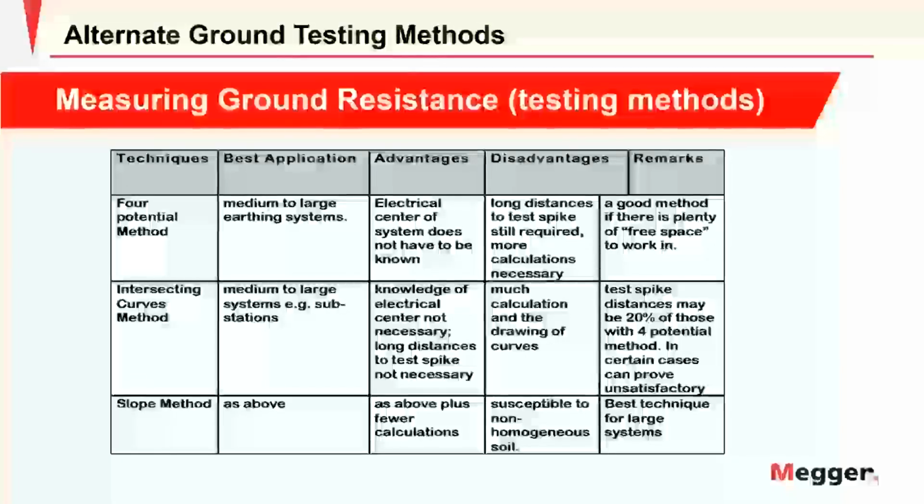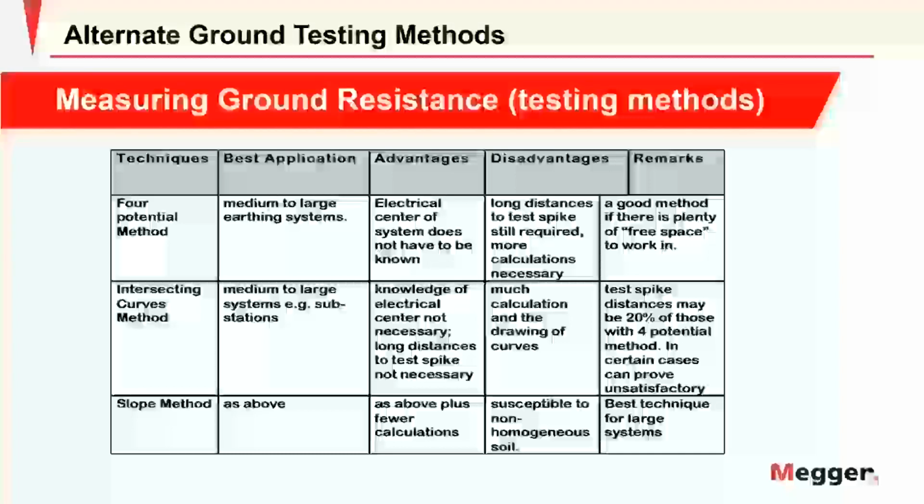Then, as I said, the four potential method. It's involved, but it's ideal for situations where you're having problems with distancing, because you have a diffuse grid and you don't know where the electrical center is. If it's hard to place your probes, use four potential.